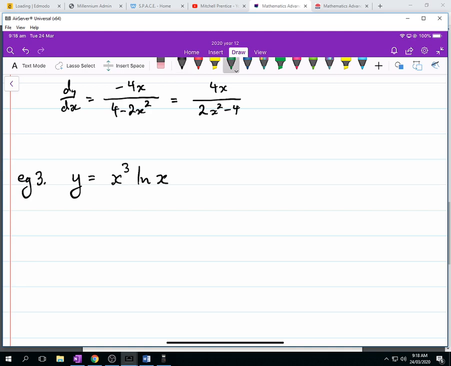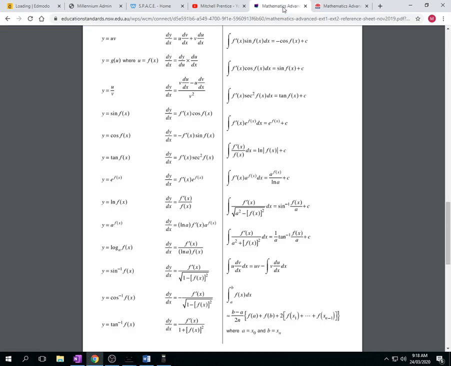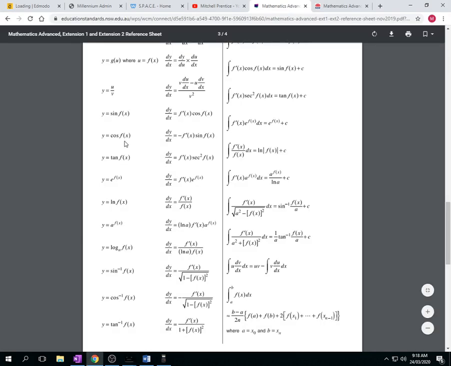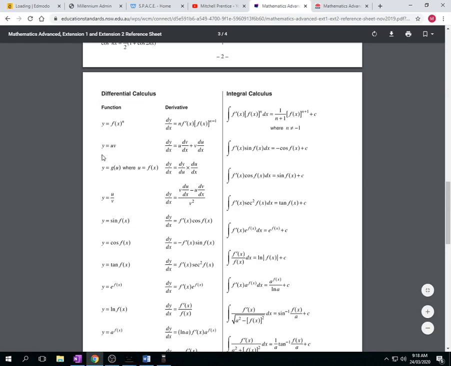function of the form y is equal to uv, and therefore, actually I think it's on the formula sheet up here, y is equal to uv, and therefore we can use our, I don't like this, I'd rather use v du plus u dv so we don't get confused, but we can use this formula here. So I'll do it the way I remember, but you're more than welcome to just copy off this sheet for that.